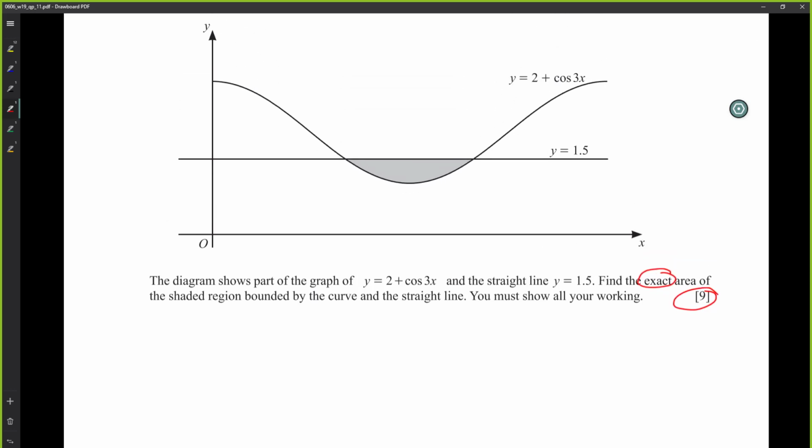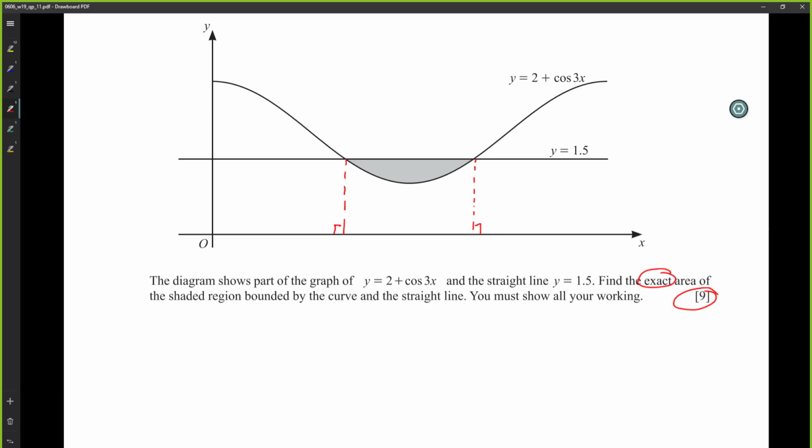Okay, we want to find this area. What we need to do is, from the intersection points there, I draw 2 90-degree lines here. I want to make sure it's a vertical line, and I want to find the exact area of the shaded region. So how am I going to get this area?